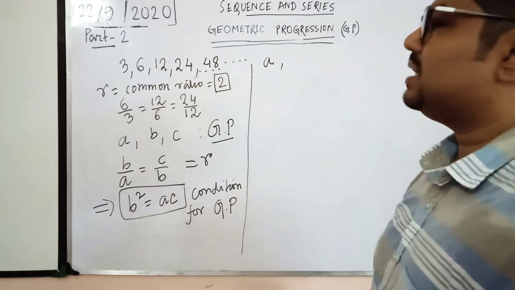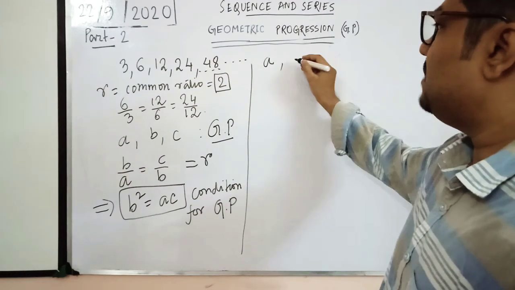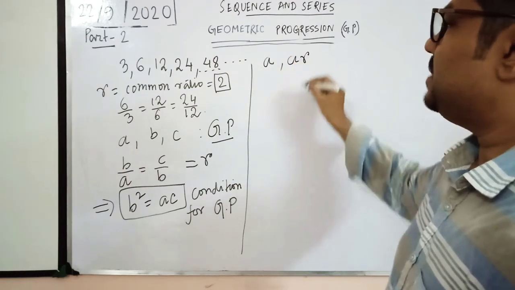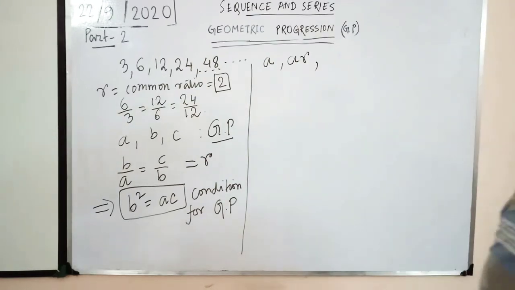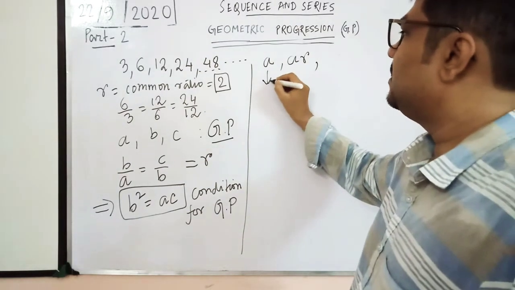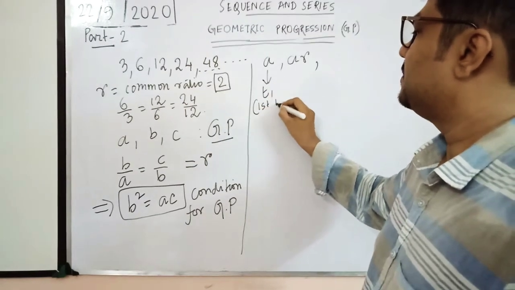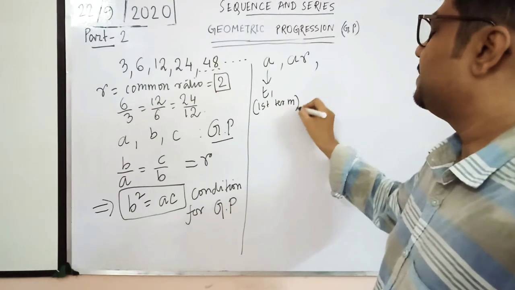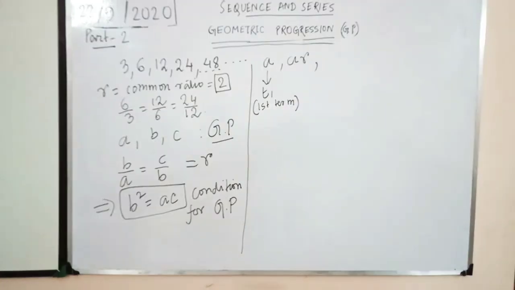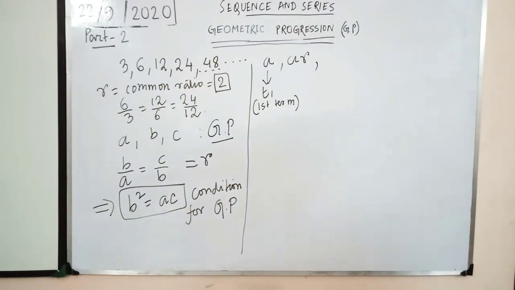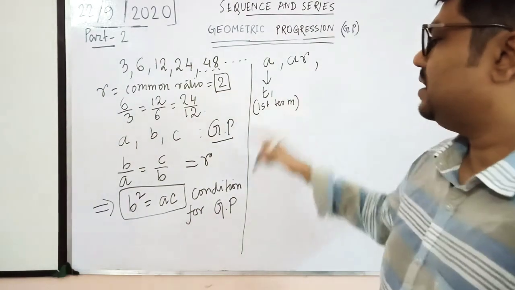Let the first term be A. The second term will be multiplied by R. So I took A as the first term, this is T1, the first term. R is the common ratio over here.